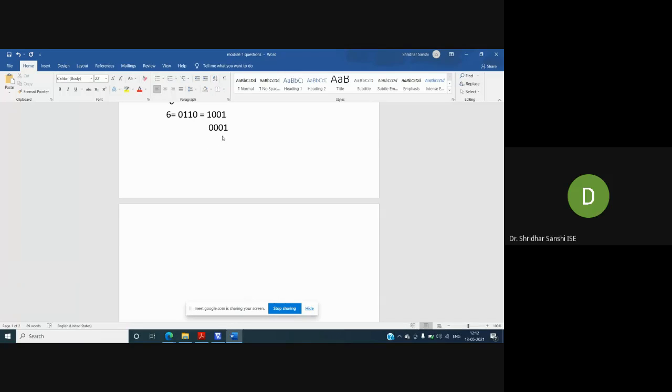So we'll get 1 0 1 0. All the others remain the same. Earlier all were 0, after negating all become 1. So 32 minus 4, that is 28 bits, all become 1. Only these bits will change.